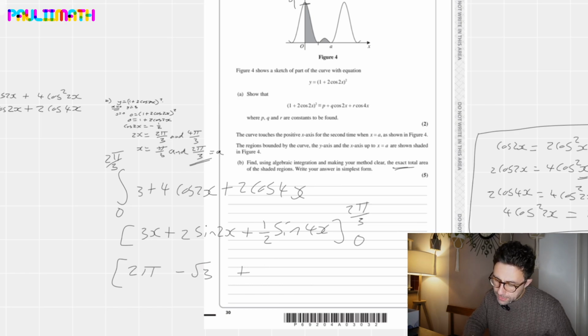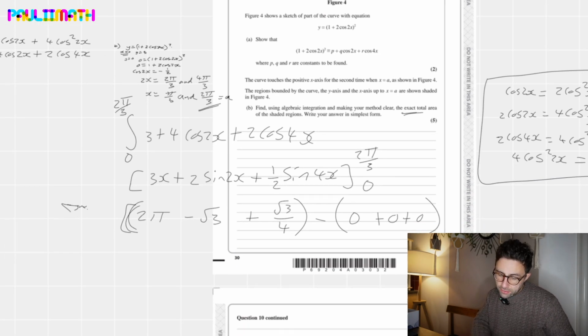And what we've got here, sine of basically 8 pi over 3 is root 3 over 2, and you've got another half, so that's really root 3 over 4. Minus, when you put in 0, you'll have 0 plus 0 plus 0. Well, that's nice of them, isn't it?